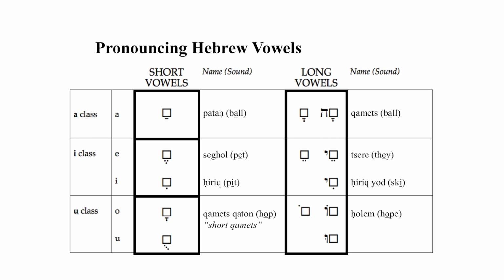And that explains why long A and short O have exactly the same symbol. The scholars, called Masoretes, who put in the vocalization, the vowel pointing, did not hear a difference between long A and short O. For them, it was the same sound.